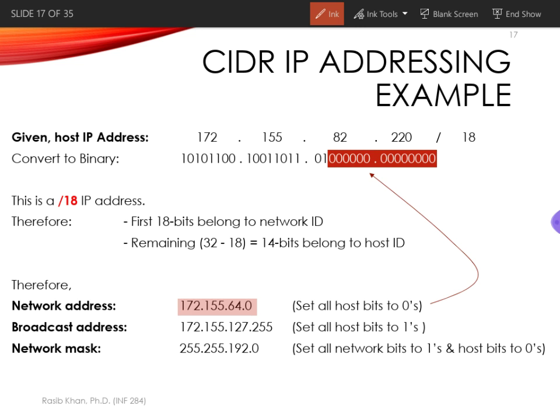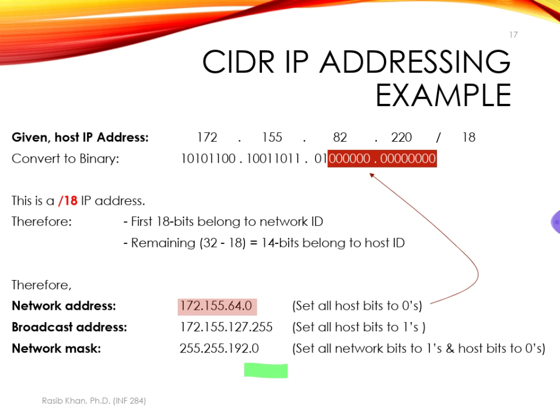For calculating the broadcast address, we have already seen that we just need to set the host bits all to ones. So we set all ones in the host ID part, which is the last 14 bits, and we calculate the decimal value of each of these octets. All right, and this comes down to 172.155.127.255.